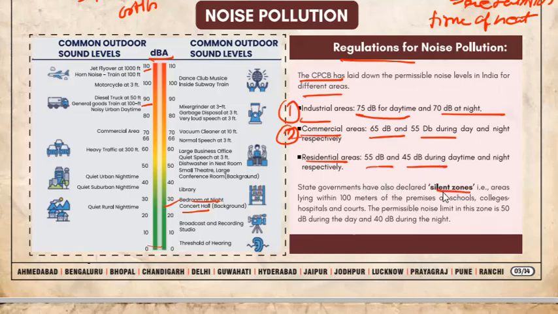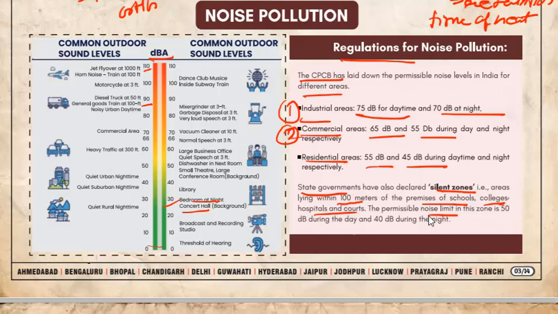And what is the meaning of the silent zone? Actually, a silent zone can be declared by the state government. It is the area lying within 100 meters of the premises of schools, colleges, hospitals and courts. In the silent zone the limit is quite lower.